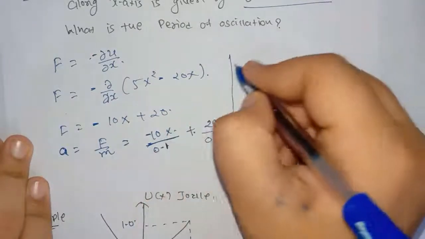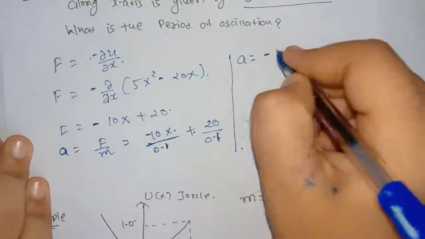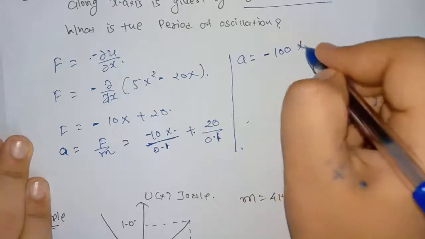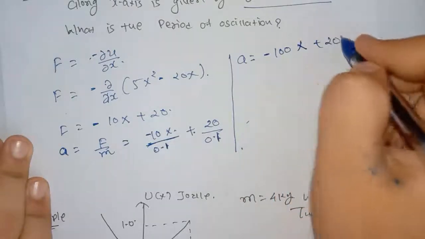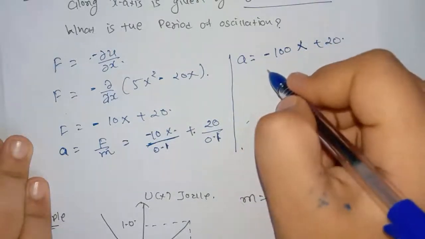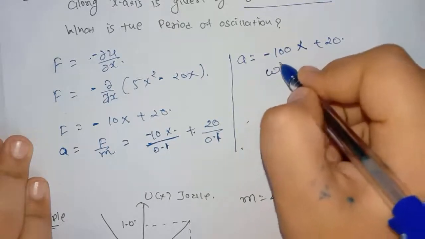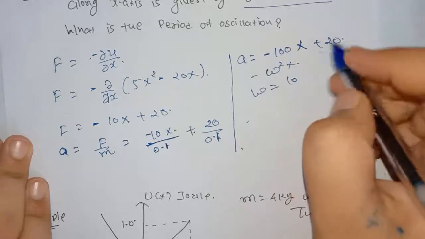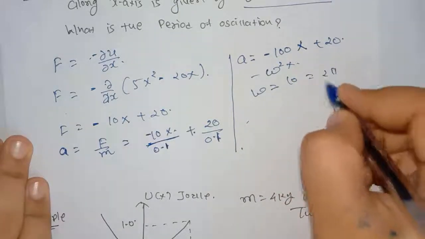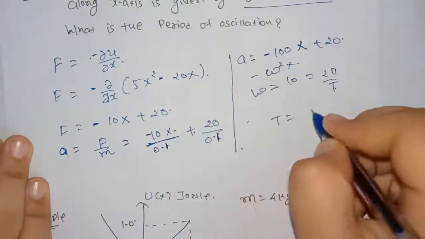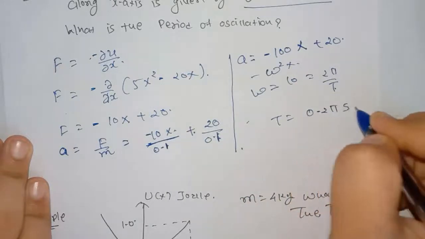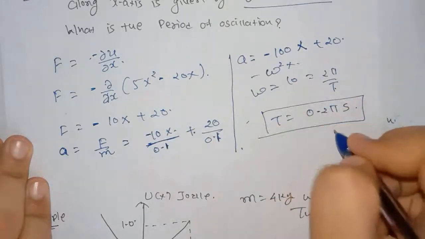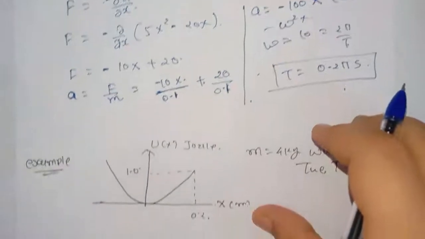So a will be equal to minus 100x plus 20. Comparing this with the basic equation omega square x, omega will be equal to 10, and omega is 2 pi by T. So time period will be 0.2 pi seconds. So this will be our answer.